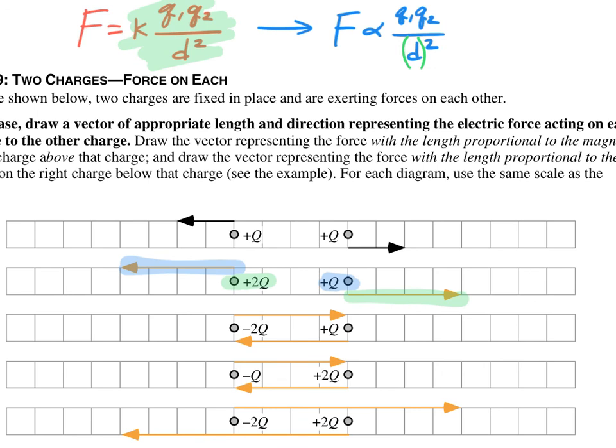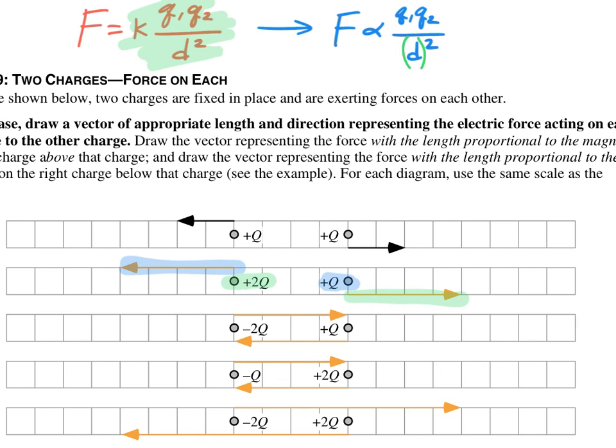If d is 1, and then I double it, 1 squared is 1. If I double 1, I get a 2, and if I square a 2, I get a 4. So now my force is going to be 4 times less than my example, which is the distance 1 force, charge 1 magnitude example.